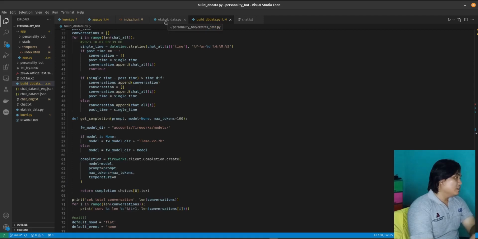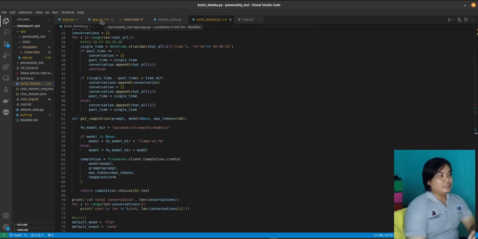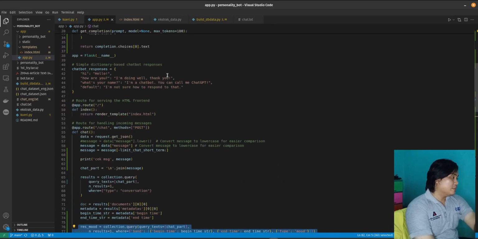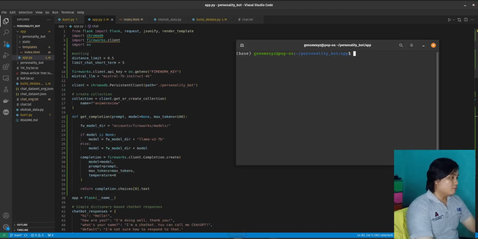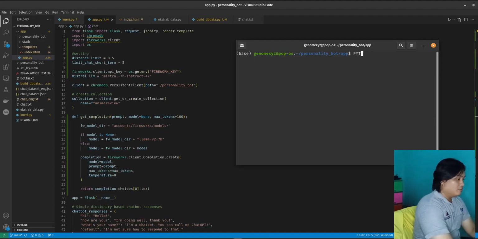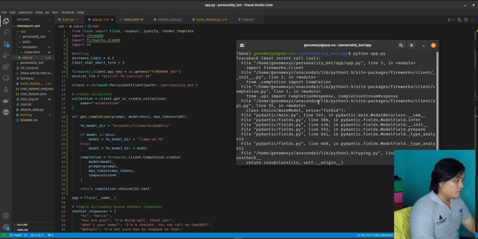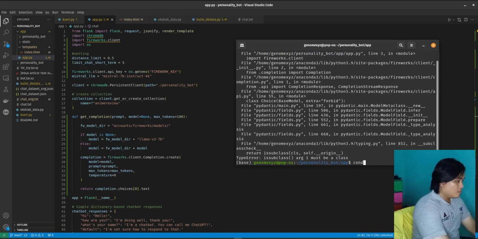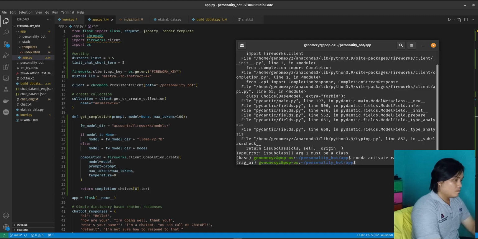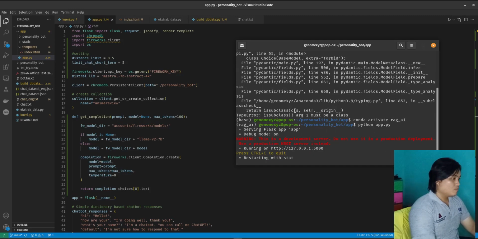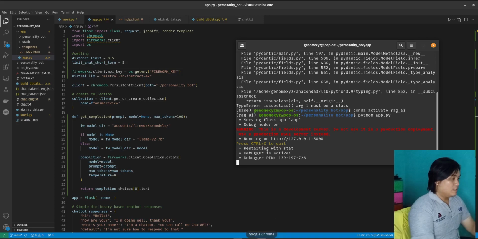After I save the data, I run a Flask script like this. To run this, we just need to do this. Okay, now it's running.